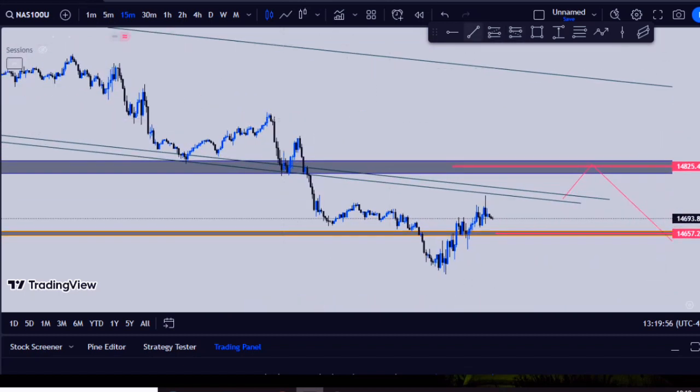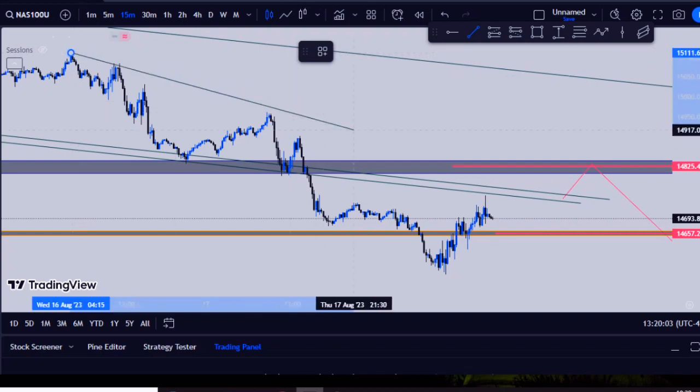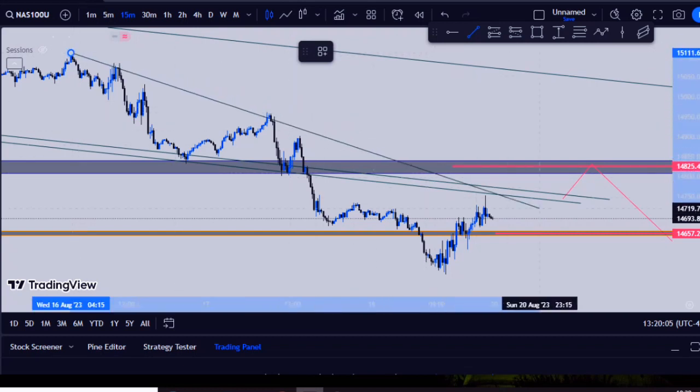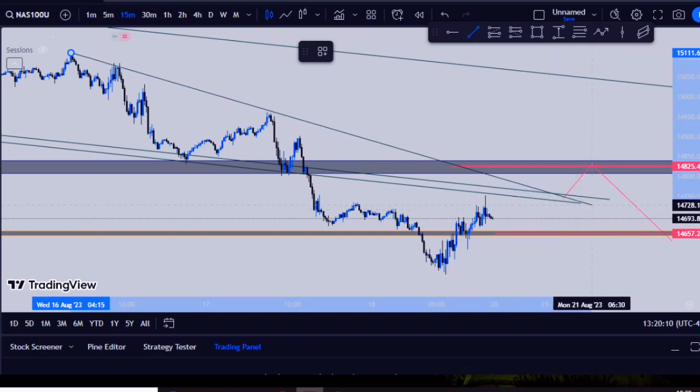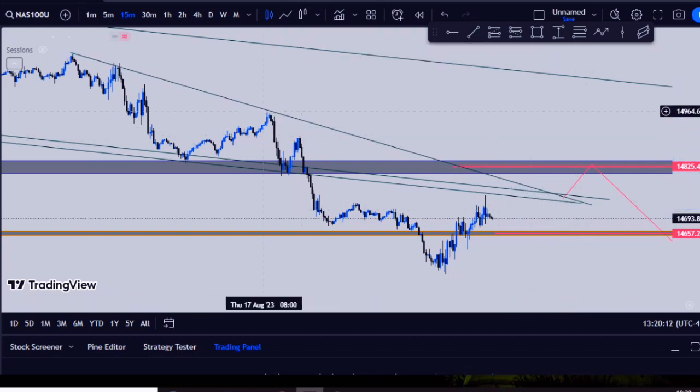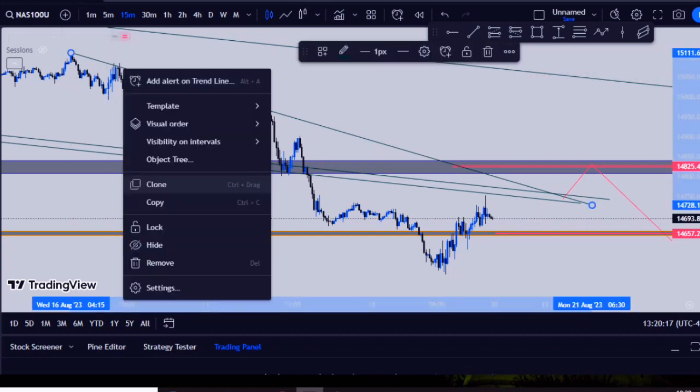And also 14,825, you sell. That's what we're expecting on Nasdaq this week. All right, so keep in touch. And there's also a trend line running this way on the 15 minutes time frame. On the 15 minutes time frame, there's a trend line running this way.